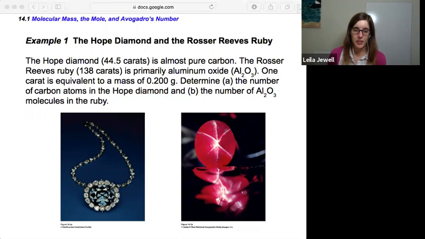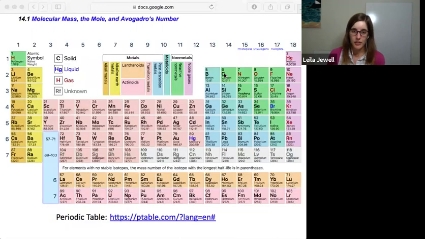So let's take a look at our periodic table, and notice we have carbon, and so that gives us that it's 12.011 grams per mole, or U. And then for aluminum oxide, we're going to need the oxygen, O, as well as the aluminum, Al.